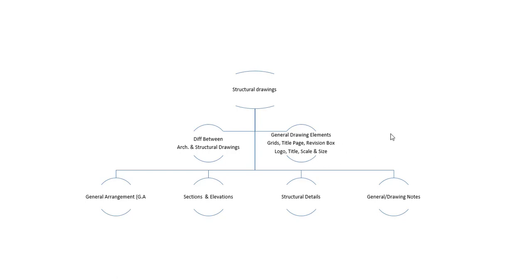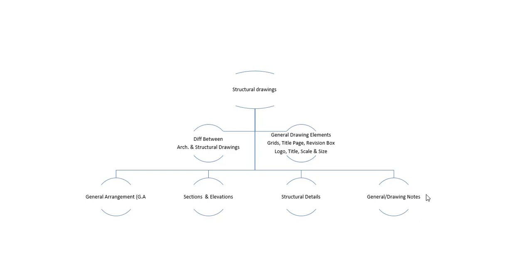All right, now let's discuss the subsets that will be part of your structural drawing. Starting with the general arrangement, it has sections, elevation, structural details, and the general notes. So let's understand every component one by one.